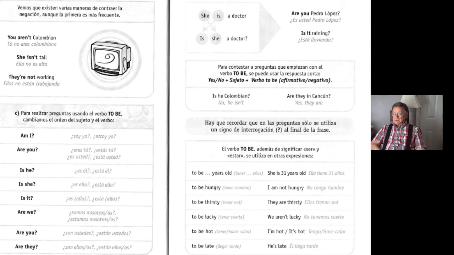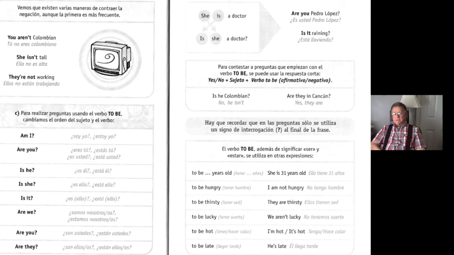To ask a question, we start with the verb to be. Vamos a empezar una pregunta comenzando con verbo to be. Yes, no, and the subject and the verb. Is he Colombiano? No, he isn't. No, he is not.